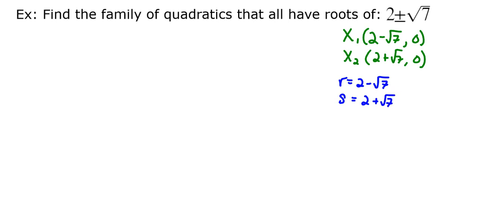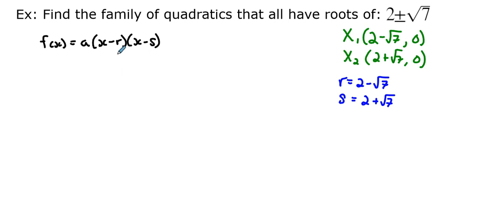Okay, so let's work through the equation that we'll have. We know that the factored form of the quadratic would be a, which is that vertical dilation piece, which we don't know in this case, because it's a whole family of quadratics, not one specific, and it's x minus r and x minus s.